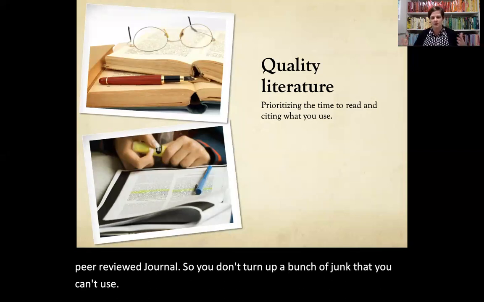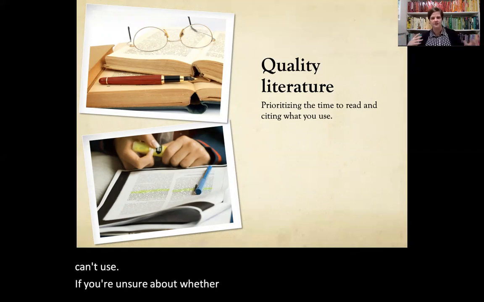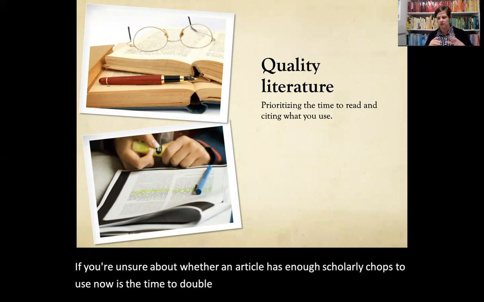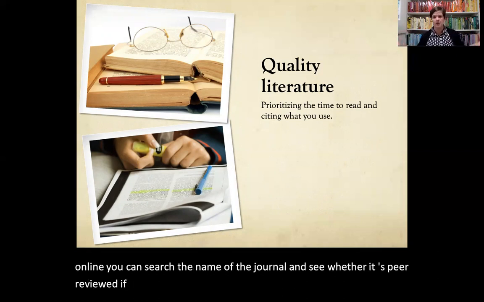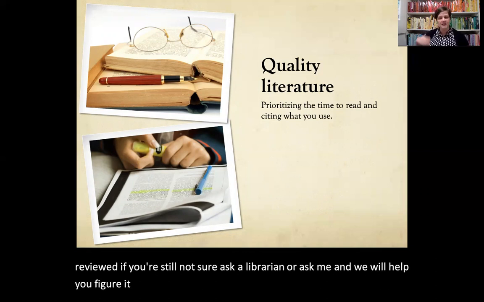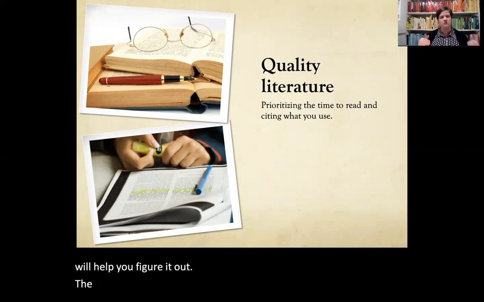If you're unsure about whether an article has enough scholarly chops to use, now's the time to double check the journal. Go look up the journal online. You can search the name of the journal and see whether it's peer-reviewed. If you're still not sure, ask a librarian or ask me, and we will help you figure it out. The information about whether a journal is peer-reviewed will be right on their website.